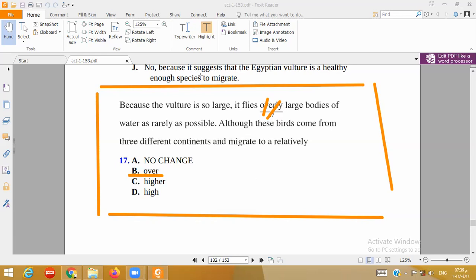But bodies of water, you know, what does it mean? What does bodies of water mean, guys?